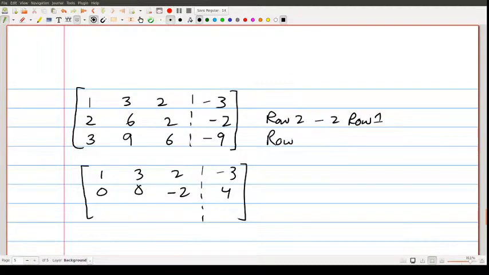Then row 3 minus 3 times row 1: 3 minus 3 is 0, 9 minus 9 is 0, 6 minus 6 is 0, minus 9 plus 9 is 0, so 0z.